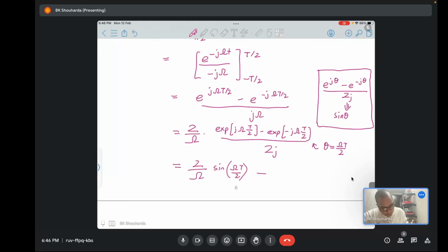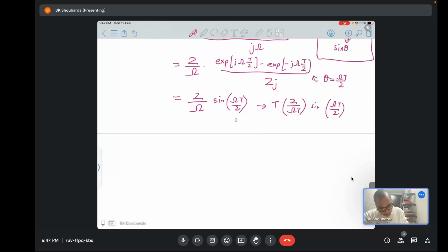Now I can further write this as T sine of omega T by 2 divided by omega T by 2.